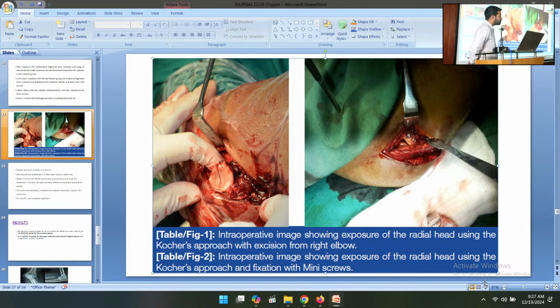So in the arc of motion of pronation and supination, that particular sector is very crucial. If you put it too anteriorly, it will not allow pronation. If you put it too posteriorly, it will prevent terminal degrees of supination.